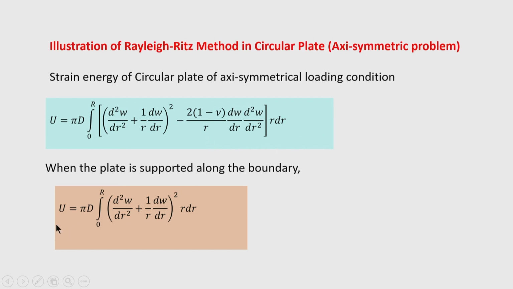So, in that case we get U equal to pi D integration 0 to R of (d square w by d r square plus 1 by r dw by dr) whole square r dr. So, if I want to solve a problem using the Rayleigh method for a plate of circular shape, then we can take this function if the boundary of the plate is supported. Supported means here it may be fixed along the boundary or it may be simply supported.